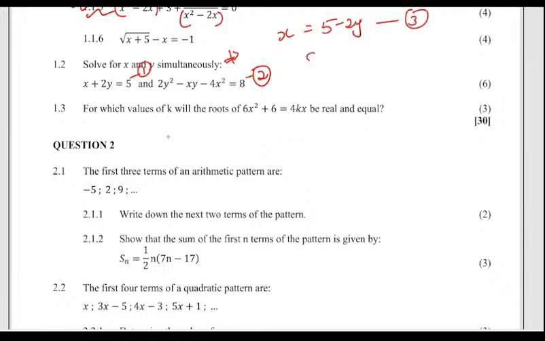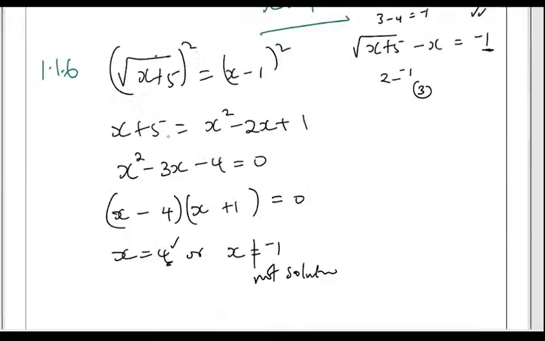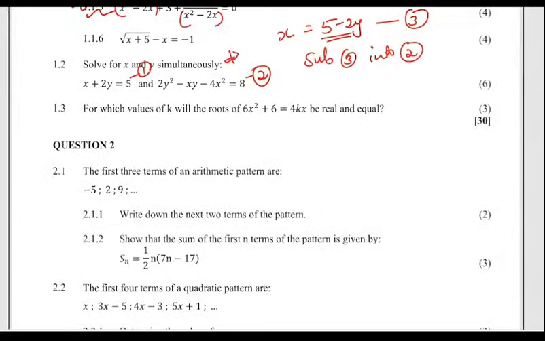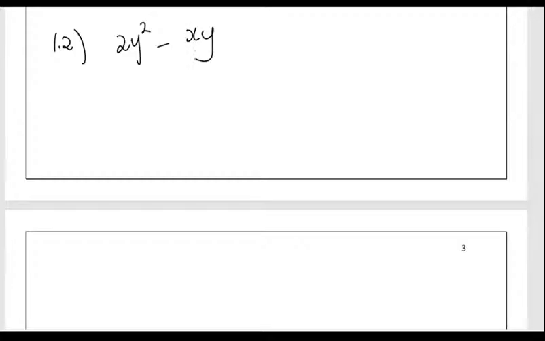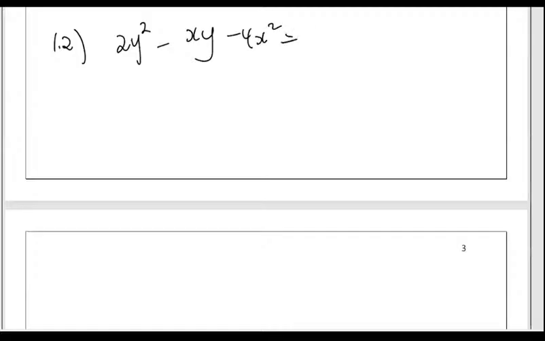Then I need to substitute equation 3 into equation number 2. So where I see x, I'll have 5 minus 2y. Okay, so my second equation, I'll jot it this side and say that I have my 2y squared minus xy, and then we're saying minus 4x squared is equal to 8.